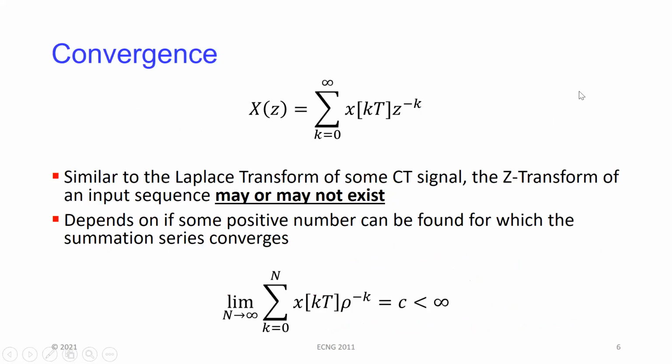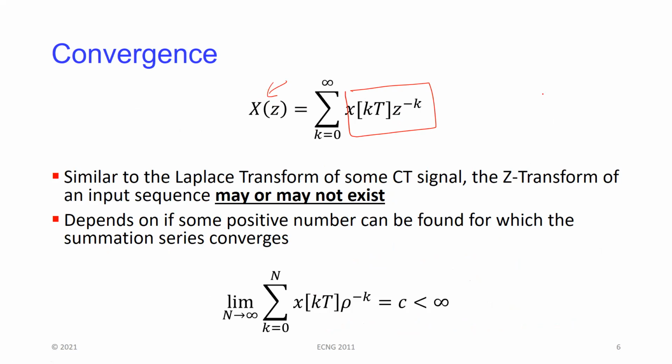Right? So again, we made a little point here that like the Fourier transform, like the Laplace transform, there are some conditions where the transform may not exist. Remember, this is a power series. So for X(z) to have an answer, the series has to converge.